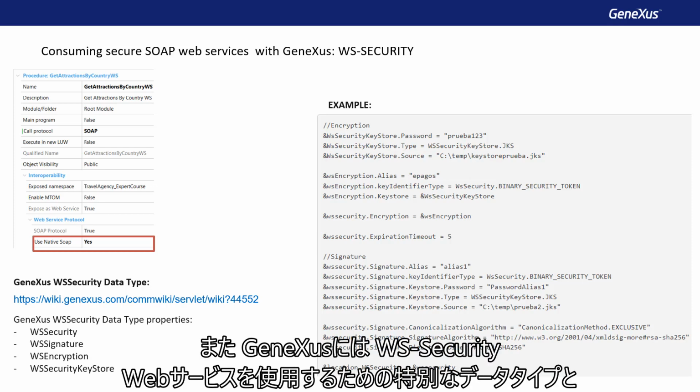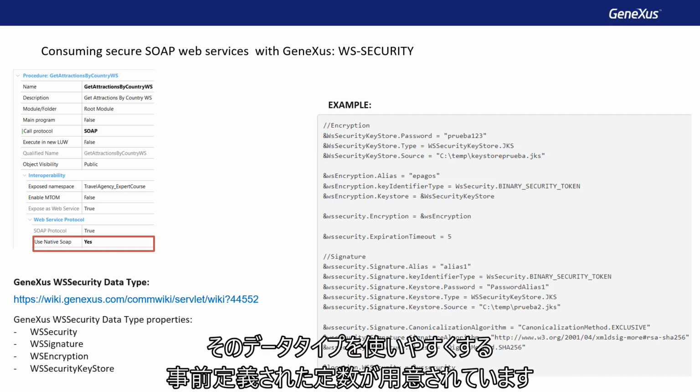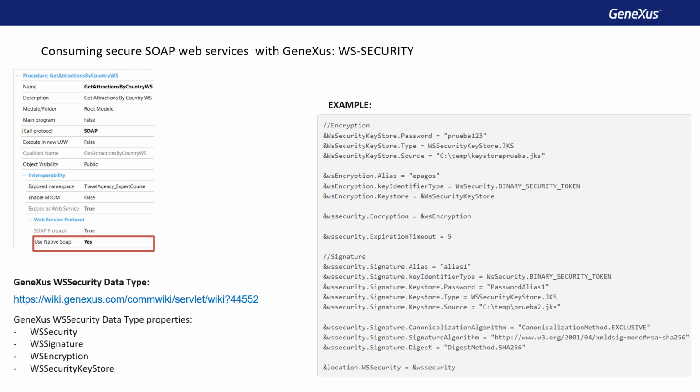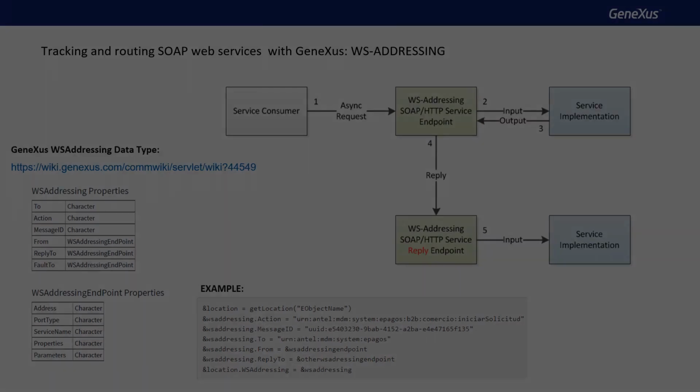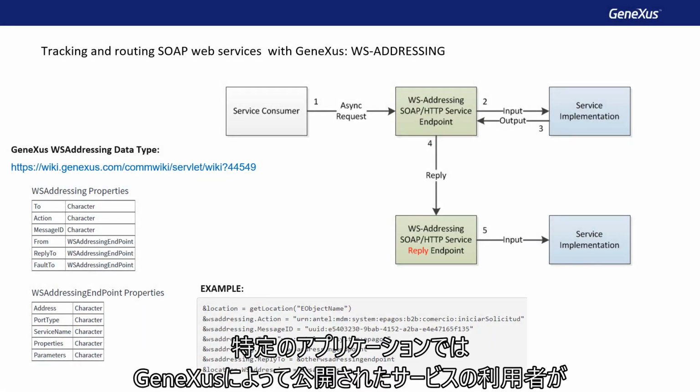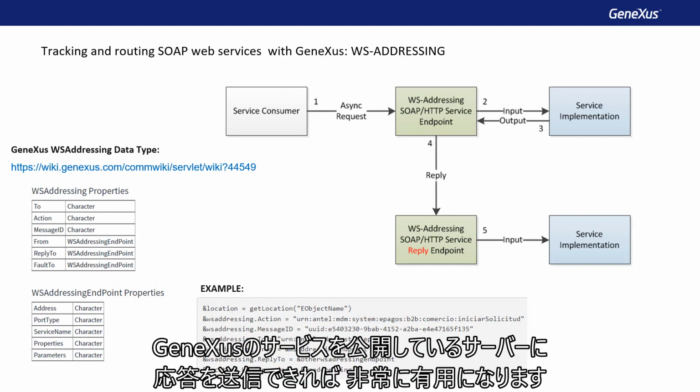GeneXus also provides specific data types to consume WS security web services and predefined constants that make it easier to use these data types. In certain applications, it's very useful for the consumer of a service published by us to be able to send a response to the server that publishes our service.